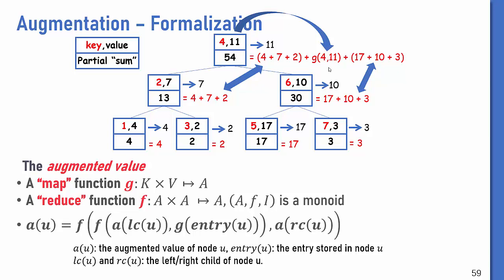Now, interestingly, this process, the update or the recalculation of an augmented value, happens only when a node is being created or when it's involved in a rotation, so its children change. And all of these scenarios happen only in join. So to make our P-trees support arbitrary augmentation, we only need to re-implement the join algorithm and let it use G and F to update the augmented values.